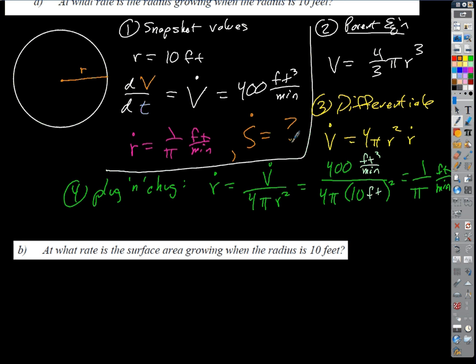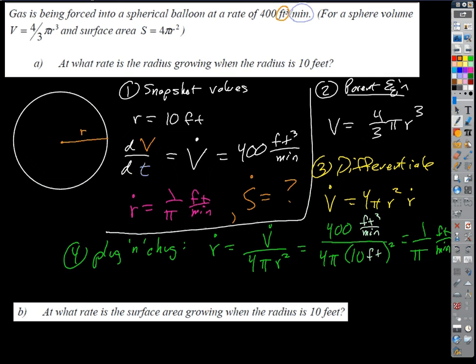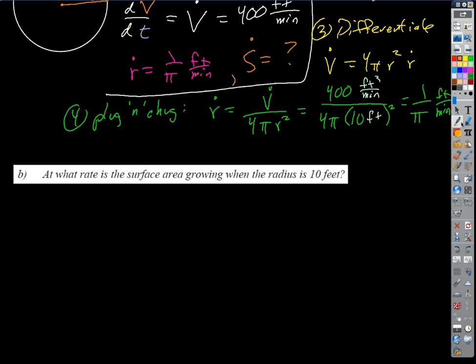So there's step 1. What's step 2? The parent equation. Good. So we got our parent equation. Now, did I give it to us? Yeah, the surface area equation. S equals 4 pi r squared. Now what?